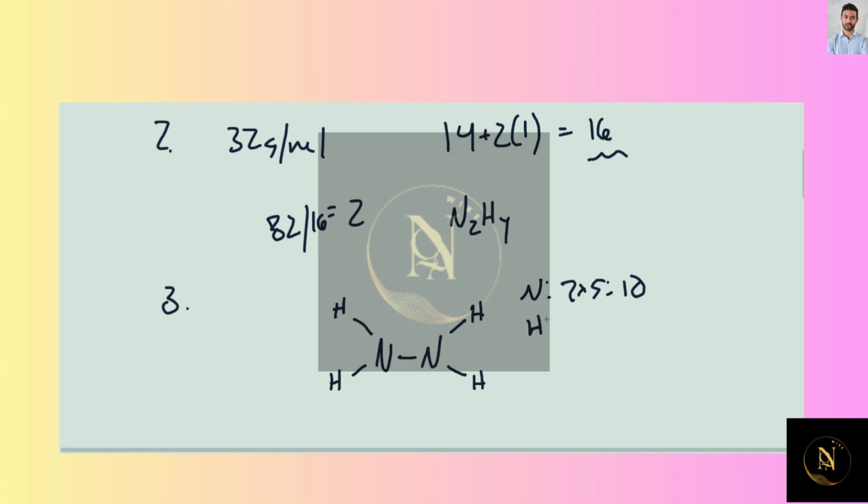And due to the 4 hydrogens, we get 4 times 1 equals 4 electrons. So in total, we should expect to have 14 electrons in our structure, and currently we've got 2, 4, 6, 8, 10.